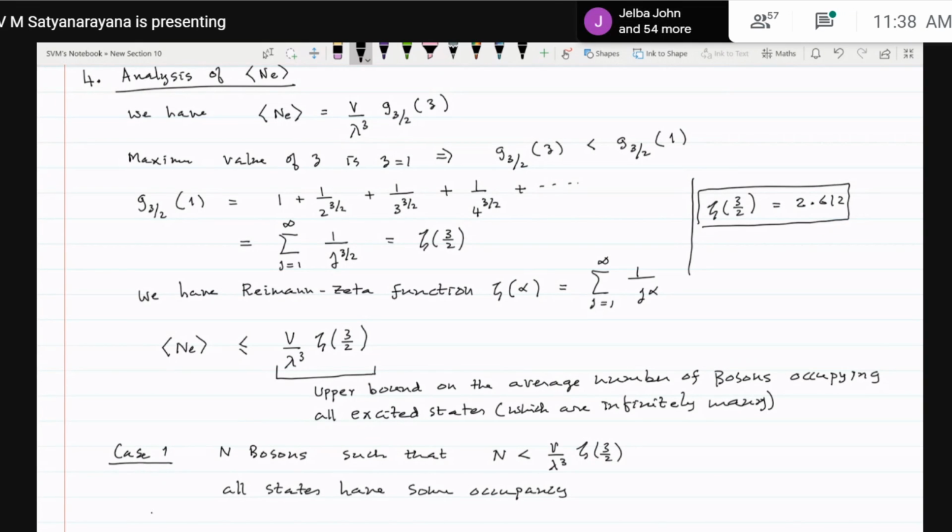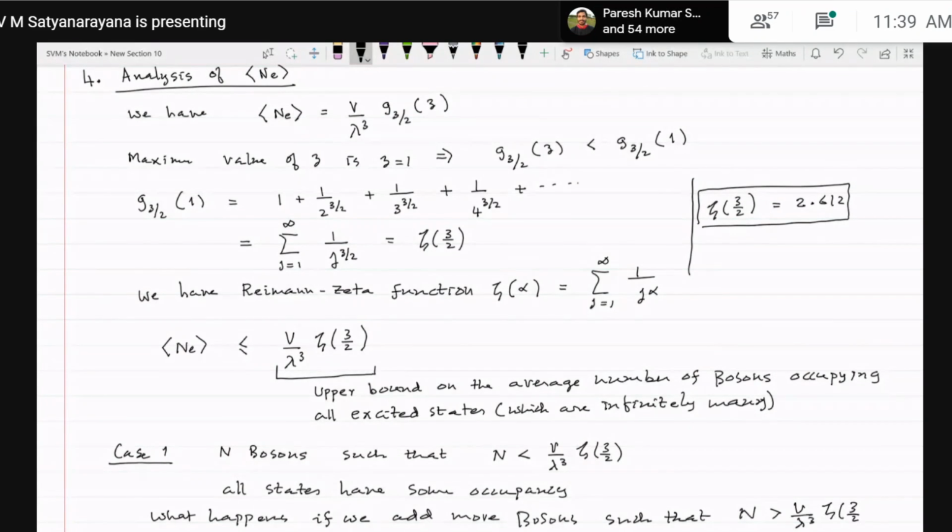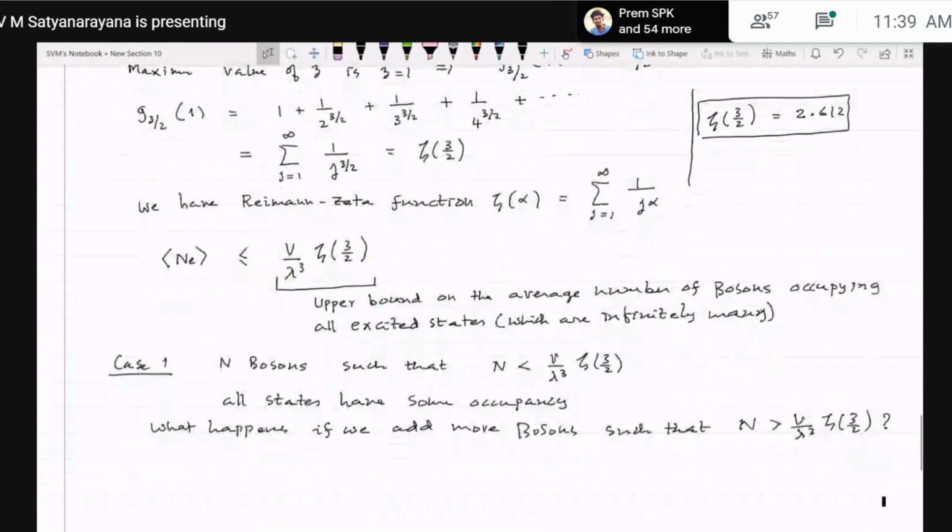But imagine what happens if you go on increasing your n. If we add more and more bosons to the system, such that n becomes larger than V by lambda cube into zeta of 3 by 2, the extra particles cannot be accommodated in the excited states, because excited state occupancy has an upper bound.